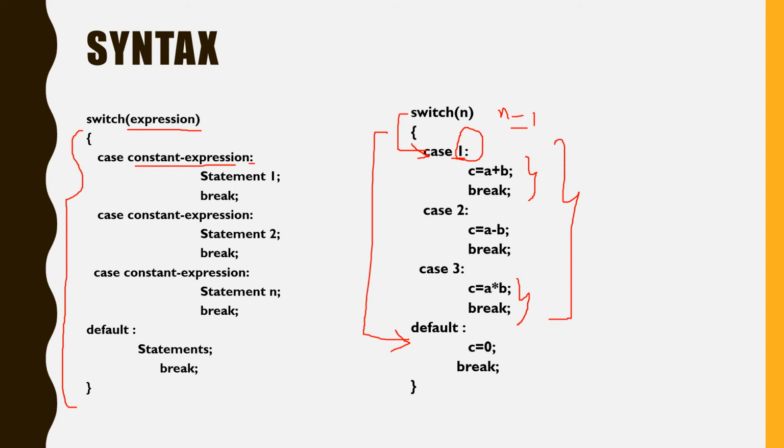In case I am passing n is equal to 2, first it will check the comparison with case 1, condition failed, then it will check case 2, condition is true. So it will calculate the difference between the 2 operands A and B, and then the break statement will be executed. So in this methodology only, your switch statement will be executed.